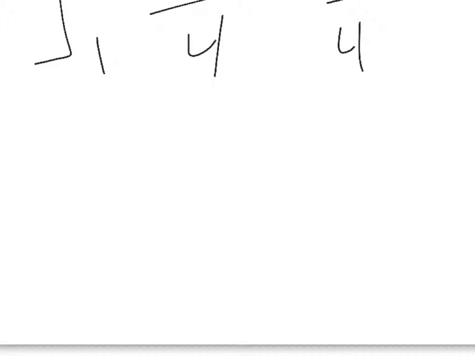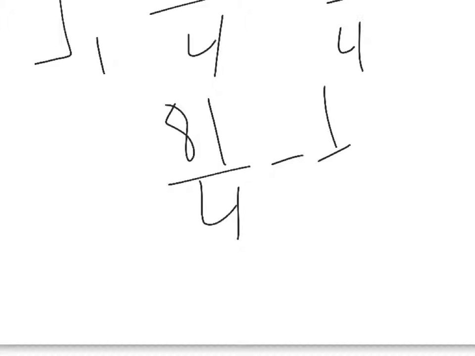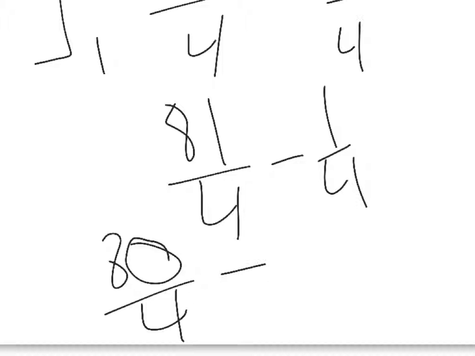And let's see, 3 to the fourth is 3 times 3 is 9, times 3 is 27, 54, 81. So 81 over 4 minus 1 over 4, that's 80 over 4, which equals 20. And there you go.